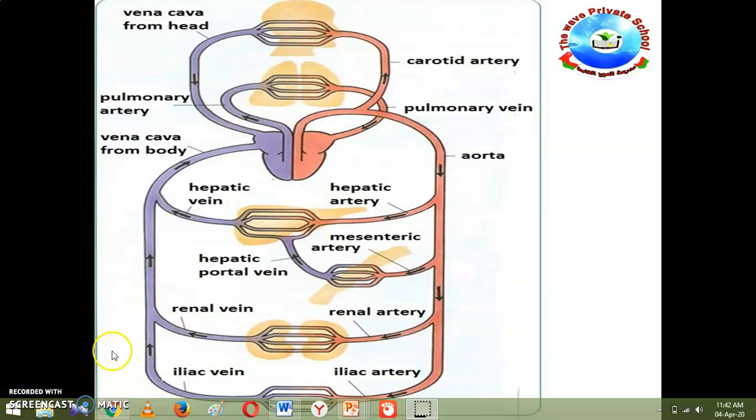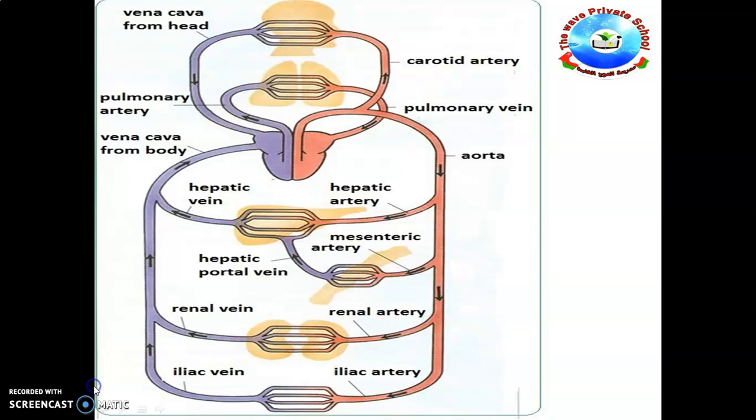So by this we can understand that each and every organ is supplied blood by separate blood vessels having separate names. So let's move on to the next topic, lymph and tissue fluid.